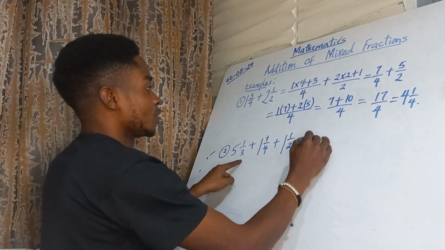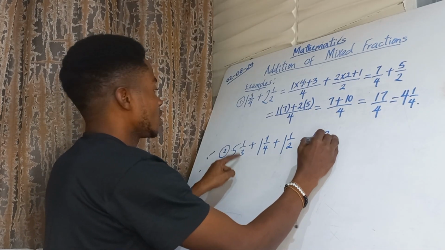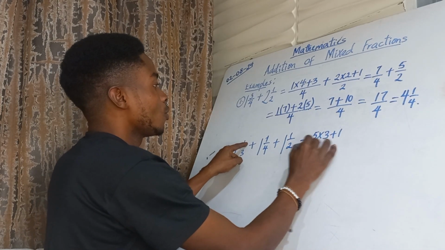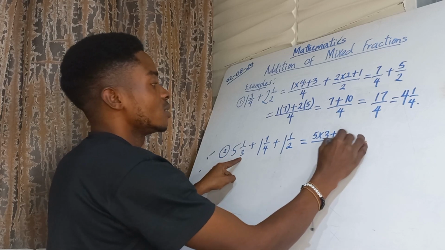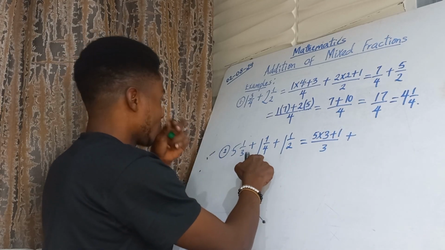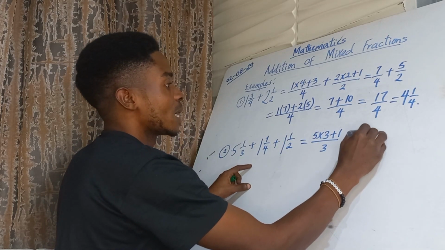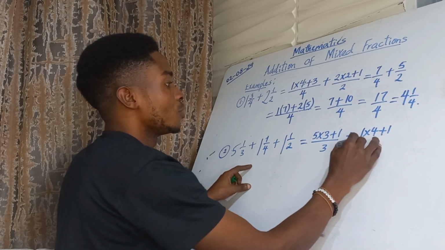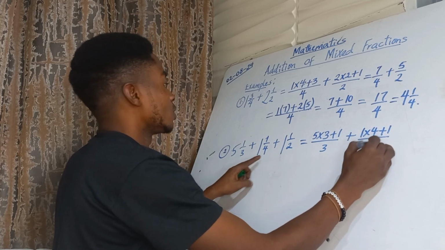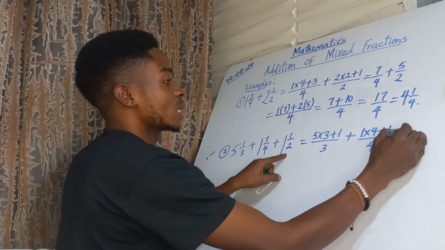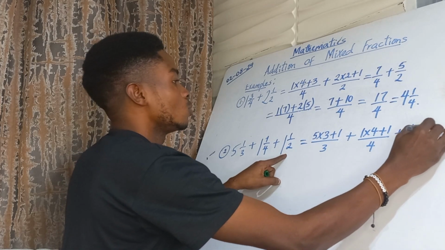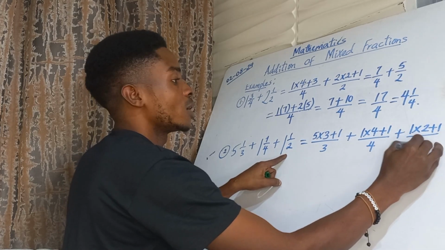So 5 times 3 plus 1 over 3 plus 1 times 4 plus 1 over 4, plus 1 times 2 plus 1 over 2.